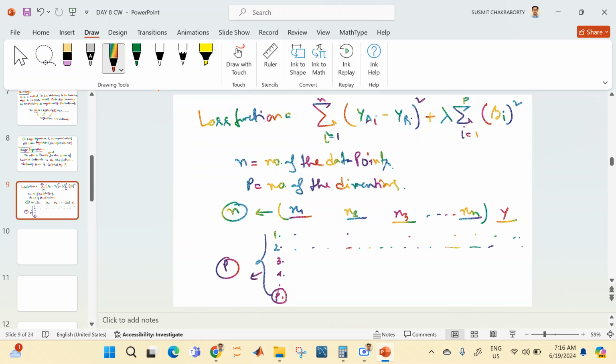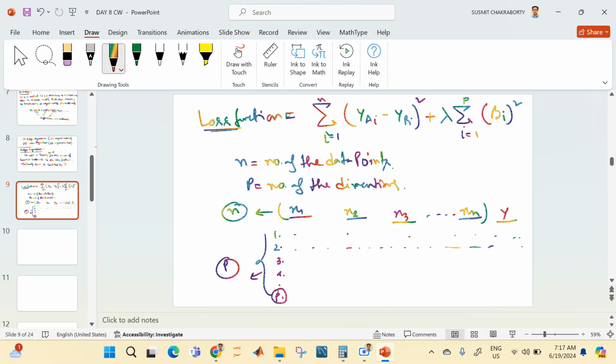So for this equation, this is the loss function we have already used, and by using Ridge regression, one penalty term will be there: lambda times the sum of beta i squared. Basically, the loss function is decreased. How? Because beta is a very high value and lambda is very small, less than 1, maybe 0.02, 0.01, 0.0001.